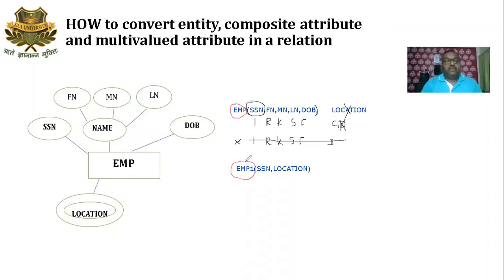So when you convert this ER diagram into tables, the correct form is: in the EMP table, serial security number, first name, middle name, last name, and date of birth. And in EMP1, serial security number and location. The serial security number in EMP is the primary key. All of you know the definition of the primary key, I hope.